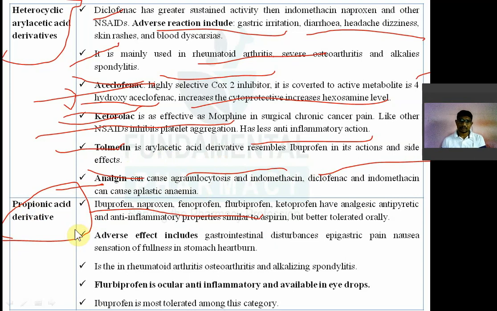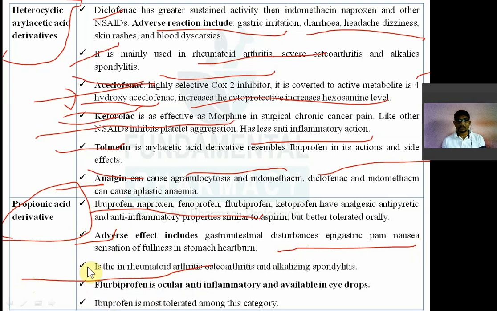Their properties are similar to aspirin, but they are better tolerated. Adverse effects are gastrointestinal disturbances, nausea, vomiting, epigastric pain, a sense of fullness in the stomach, heartburn, etc. They are used in rheumatoid arthritis, osteoarthritis, and ankylosing spondylitis.